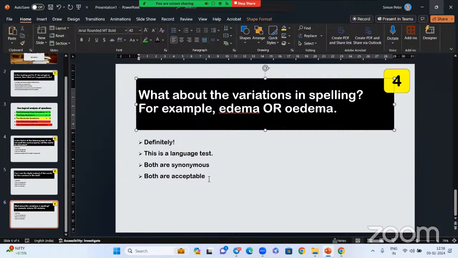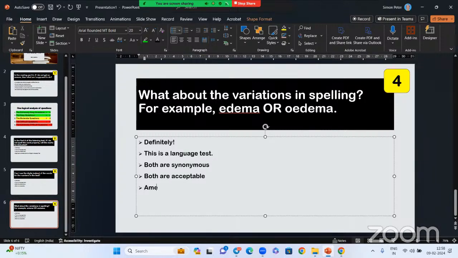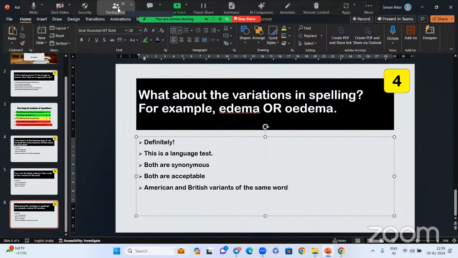Both are acceptable because they are American and British variants of the same word. It should not be Mansi's variant. It can be the American variant or the British variant, but it cannot be Peter's variant or Mansi's variant. Whatever you write, for example ODEMA, it is wrong.